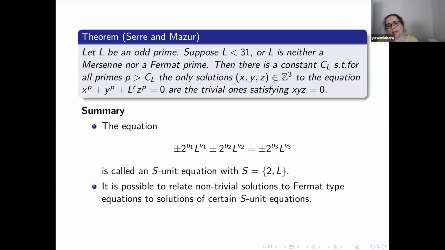So it is possible to relate non-trivial solutions of Fermat type equations to solutions of certain S-unit equations. Okay, because we are not able to get a contradiction immediately. So what we get at the end is we relate non-trivial solutions to the solutions of certain S-unit equations.